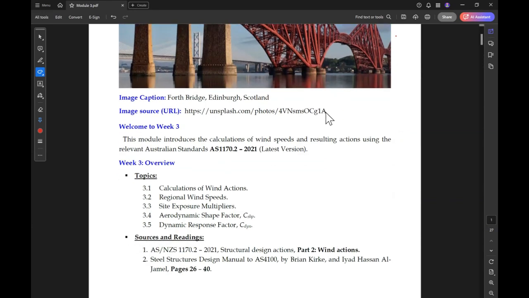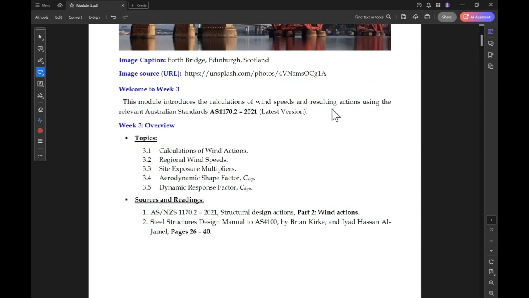And today our topics will be regarding the calculation of wind action, like wind speeds and wind forces or wind loads on the structures. So to calculate the wind speed and wind loads, we need to calculate some parameters and some factors. So we need to find the regional wind speeds, site exposure multipliers, aerodynamic shape factor, C shape, and the dynamic response factor, C dynamic.